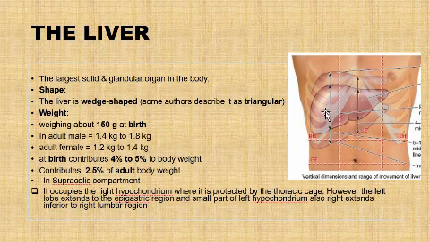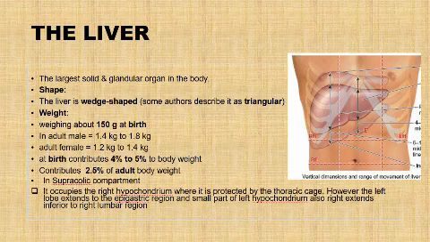So you can find it in the right hypochondrium, also in the epigastric region, but also a small part of the left hypochondrium, and you will see sometimes it extends inferiorly into the right lumbar region in some cases.